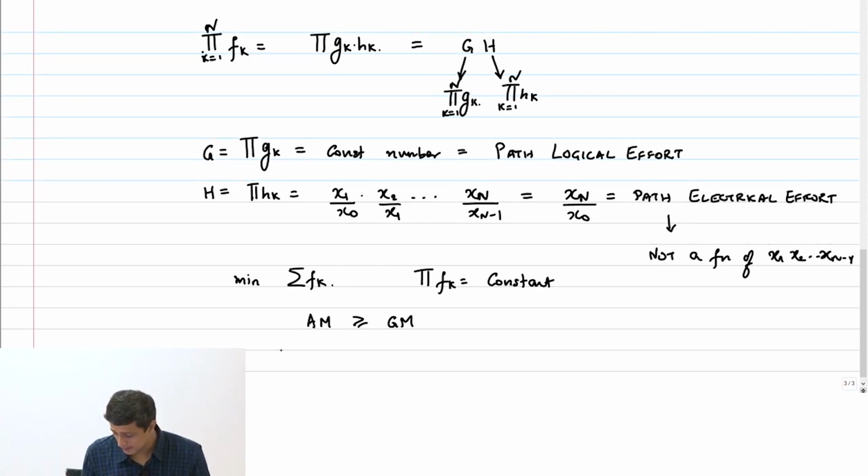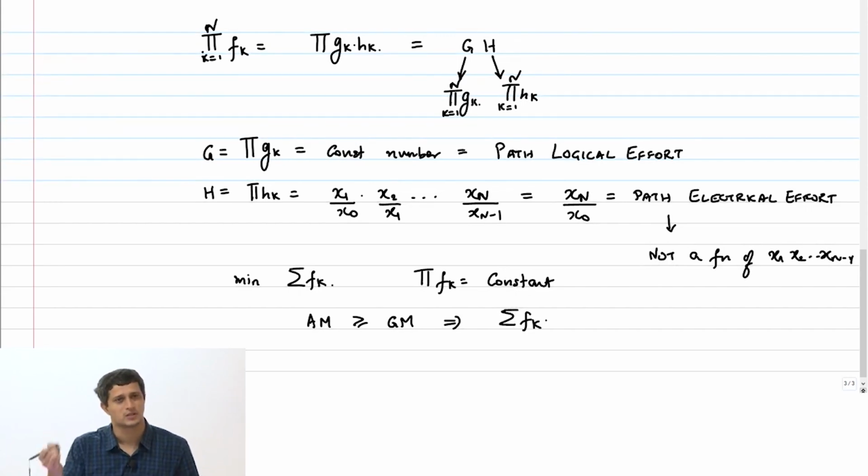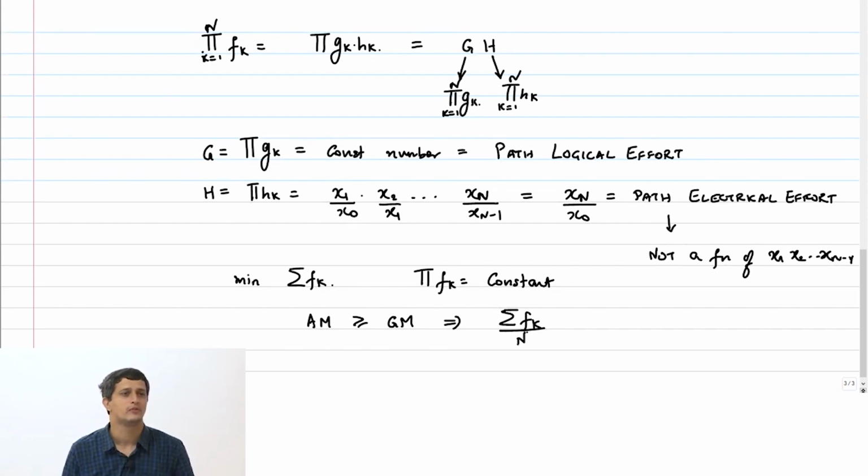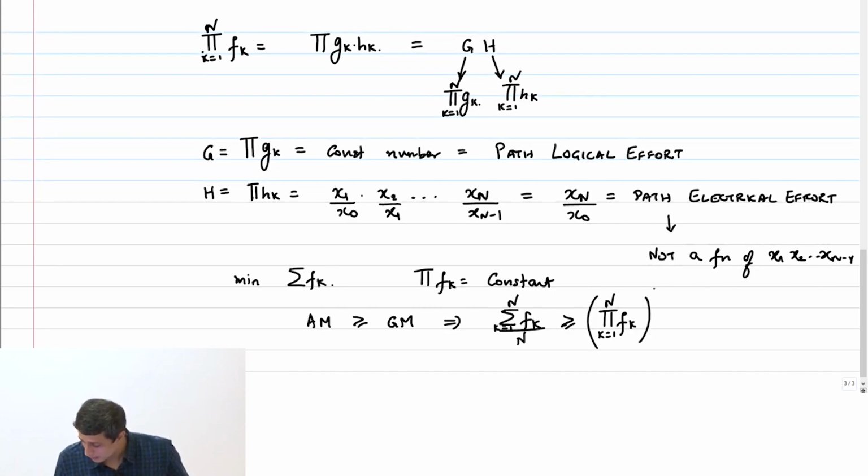So I am basically saying that summation Fk by n, which is the arithmetic mean of these n numbers (of course all these Fk's are positive numbers), is greater than or equal to the product of Fk, 1 to n, whole power 1 by n.